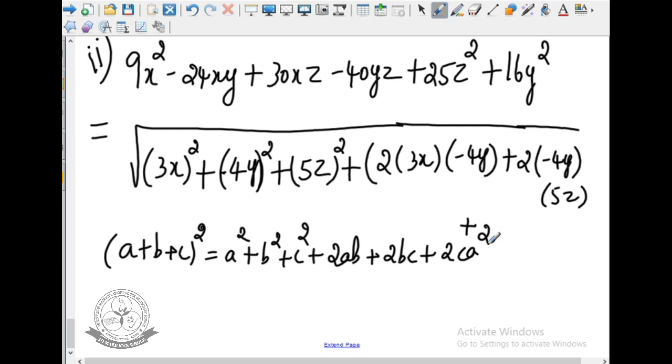CA is 5z and 3x, right? So just you check whether that is having correctly or not.